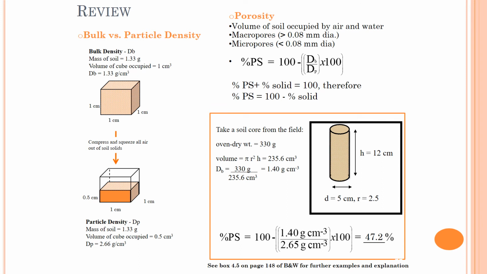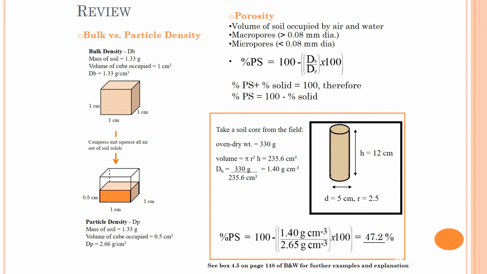So in this example, we know that if we have an oven dry weight of 330 grams and a volume from the sample collection of 235.6 centimeters cubed, bulk density is 330 grams divided by 235.6 centimeters cubed. And the bulk density ends up being 1.40 grams per centimeter cubed.